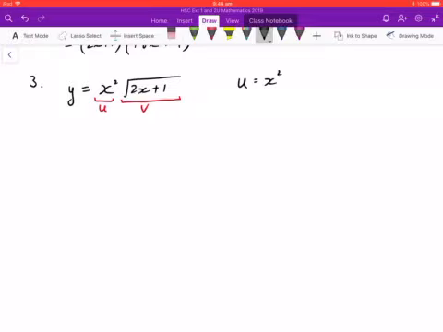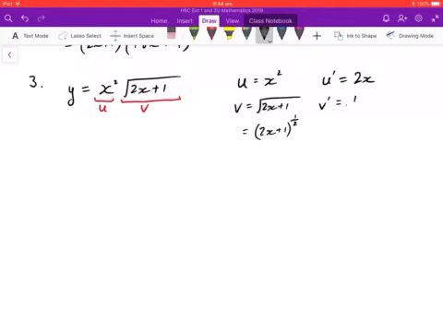u is equal to x squared. Now that means that u dash is the derivative of x squared, which is 2x. v is equal to the square root of 2x plus 1. Now, we need to write that as (2x plus 1) to the power of a half to differentiate.